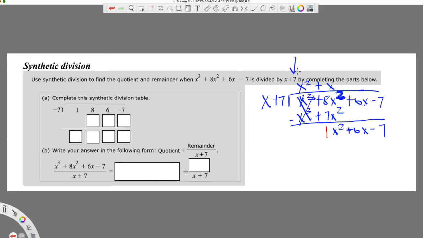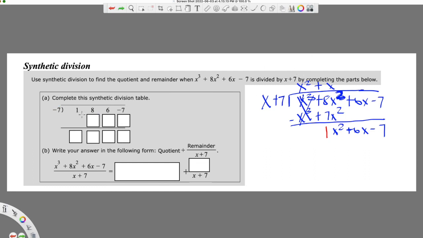We actually use the opposite because it's x plus 7 equals 0, so the root is not +7, it would be -7, because I would subtract 7 from both sides and I'd have x equals -7. Make sure you're paying attention to that idea. You don't want to just say the root is 7. The root is actually the opposite of what you see, because you have to solve that. So that's where that -7 came from, is what we're dividing by.